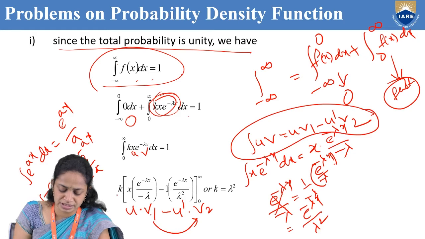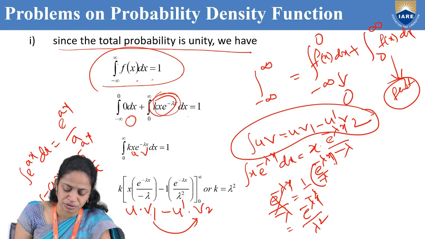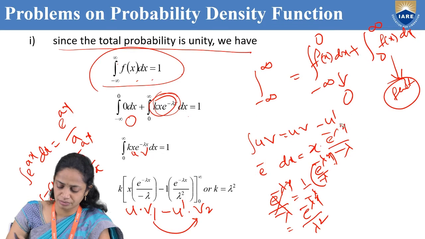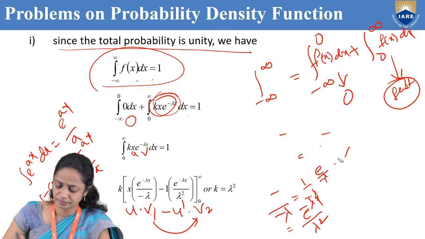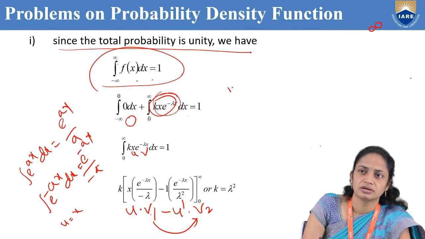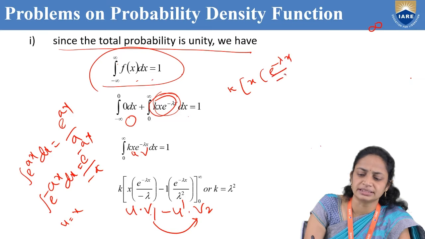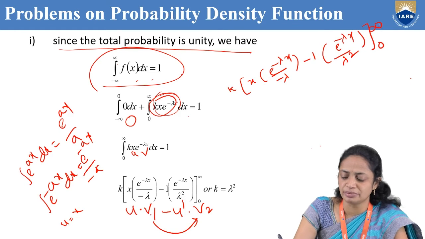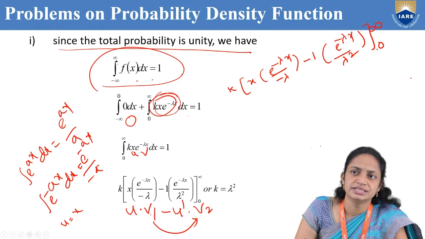So first of all we have to substitute the upper limit and then the lower limit. So k into x e power minus lambda x divided by minus lambda, minus 1 into e power minus lambda x divided by lambda square, with upper limit infinity and lower limit 0.